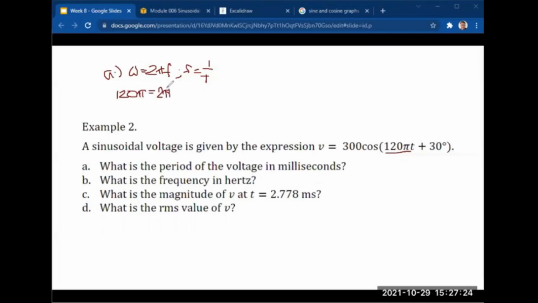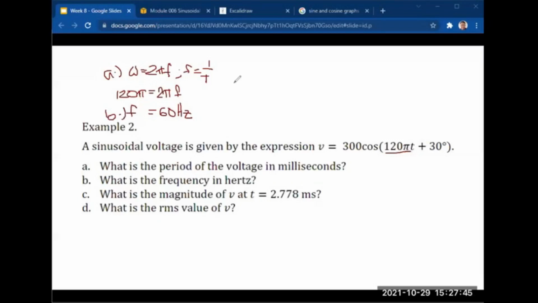Transposing 2 pi, f is equal to 120 pi over 2 pi, which will be equal to 60 hertz. So this is actually the answer to letter B, 60 hertz.